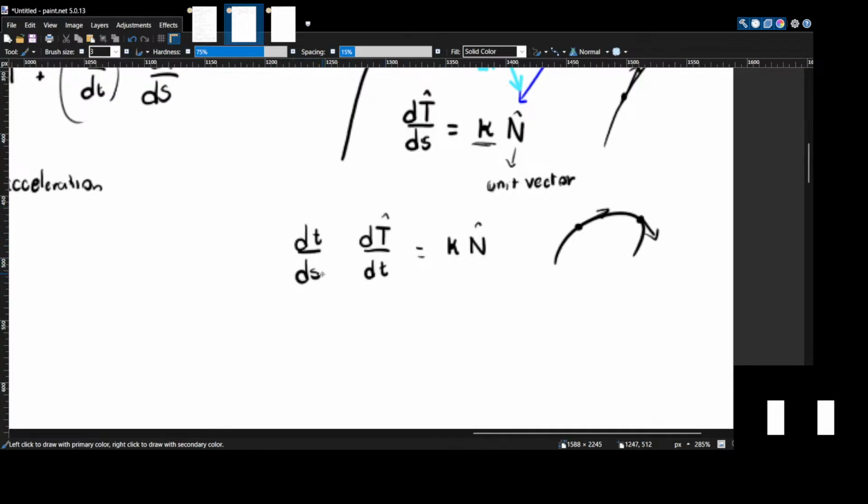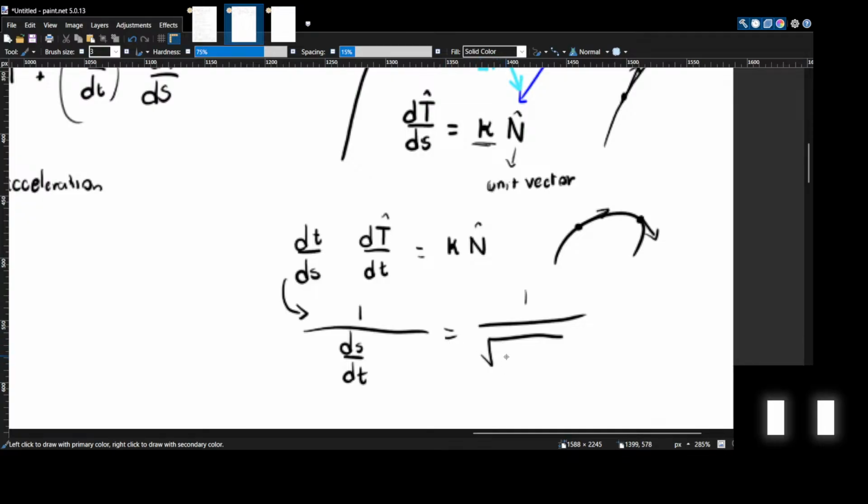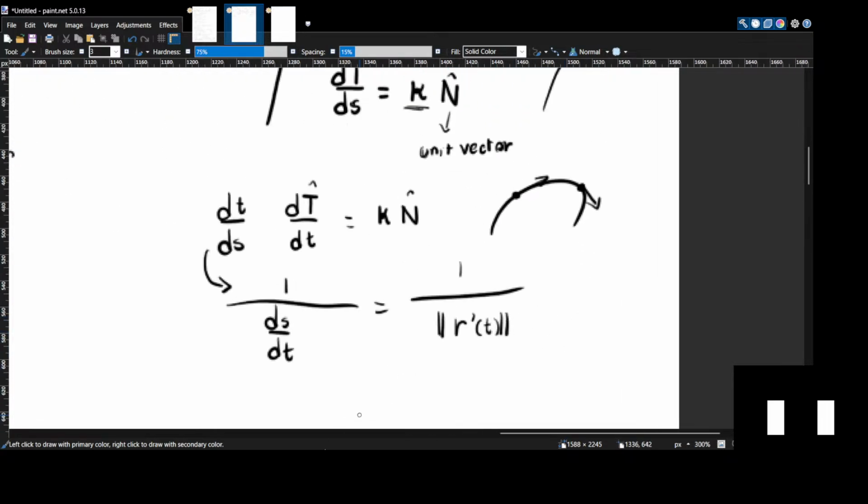We have to differentiate this, which is going to be equal to the reciprocal of ds by dt, which is equal to 1 over the absolute value of the velocity vector. All right.